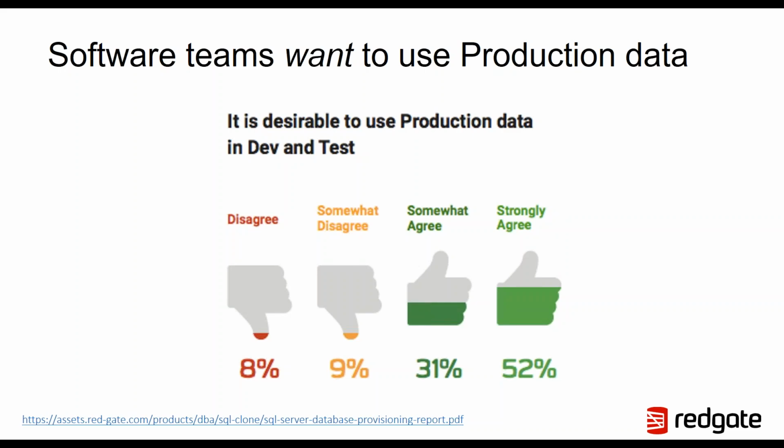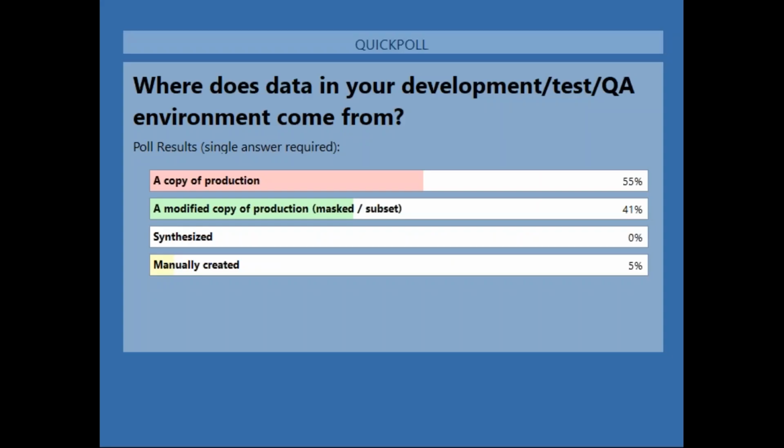We're seeing some pretty consistent results with previous surveys and with the European attendees this morning. So most people, it is a copy of production. For others, a close second is a modified copy of production where some kind of operation has been performed, and for a few is manually created.